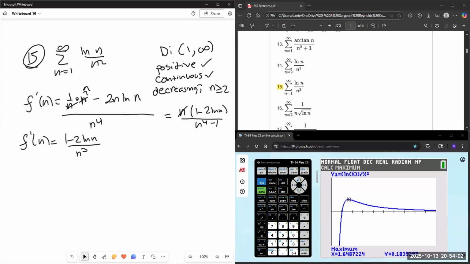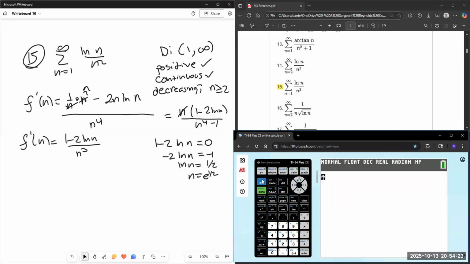1 minus 2 ln of n over n to the 3rd. Now n to the 3rd is always going to be positive, so I'm interested in 1 minus 2 ln of n equal to 0, so that's at negative 2 ln of n equal to negative 1, ln of n equal to 1/2, n equal to e to the 1/2. If I come to e to the 1/2, second e to the 1/2, and there's my number that I just got from my calculator.